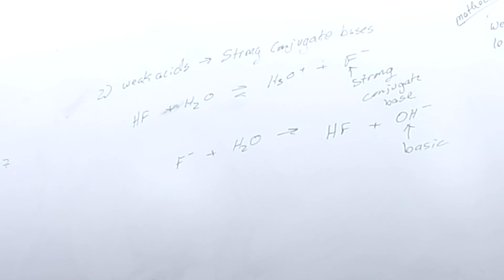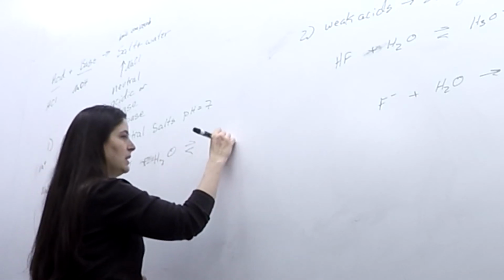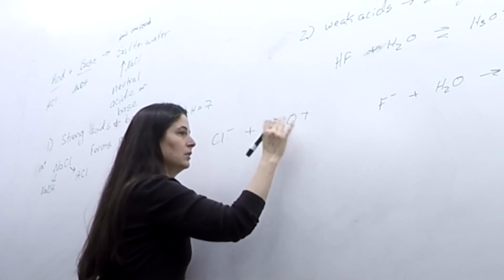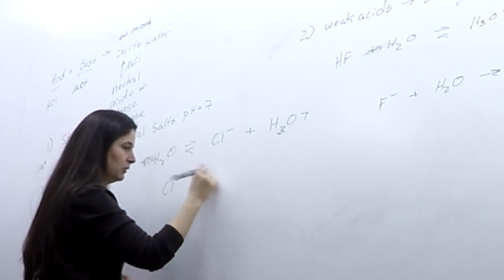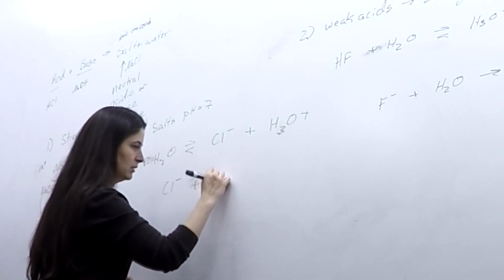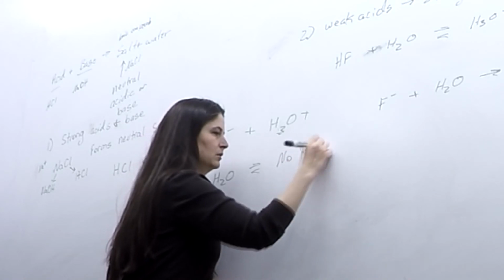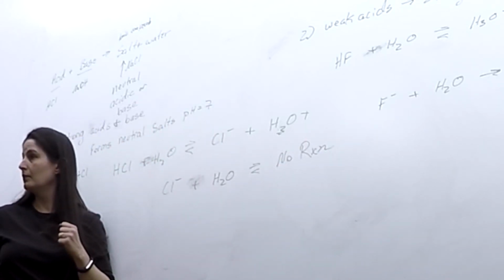A strong acid will not do that. If you put HCl in water, you would create the chloride ion plus the hydronium. The chloride ion will not react with water, so you will not get a hydroxide ion.